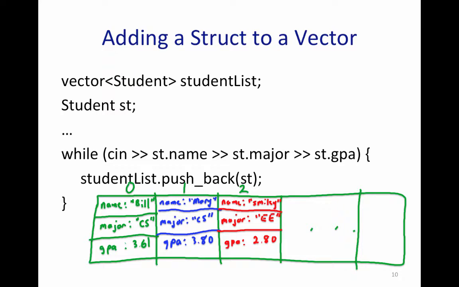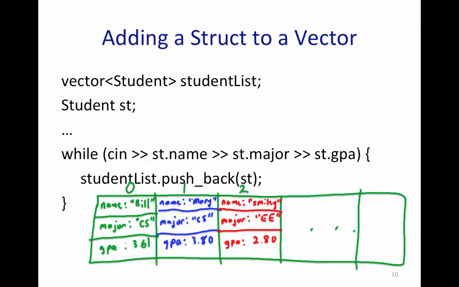Hopefully you get the idea that each entry in the vector is storing a record or an object. Again, they're synonyms. So the first entry, the student is Bill, his major is CS, his GPA is 3.61. The second entry, the student is Mary, her major is CS, her GPA is 3.8.